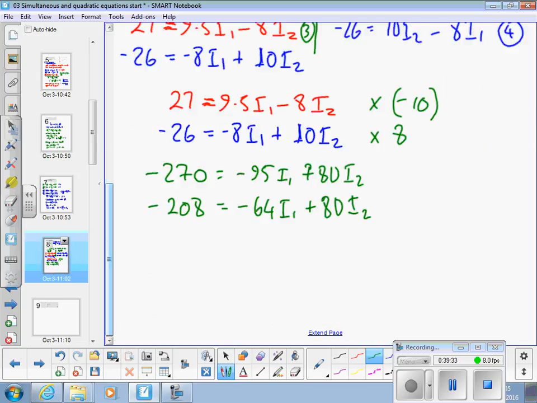Now we've got our two equations that will allow us to subtract and eliminate one of the variables. So we go like this, and we subtract. That bit is nothing.